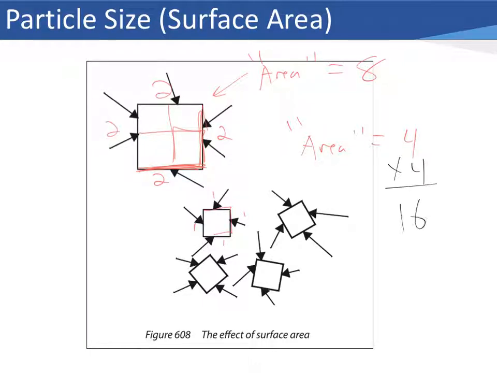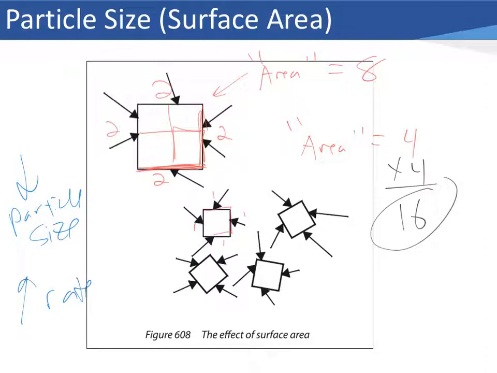So 4 times 4 is 16. So by making smaller particles, I increase the surface area. So by decreasing the particle size, I increase the rate. Or by increasing the surface area, I increase the rate.